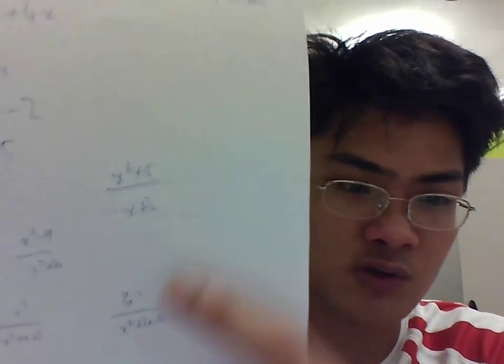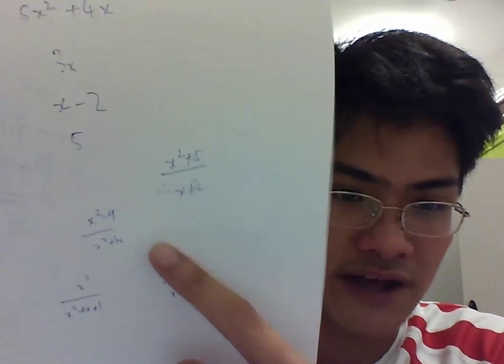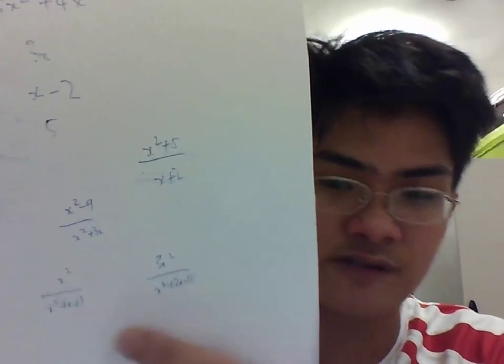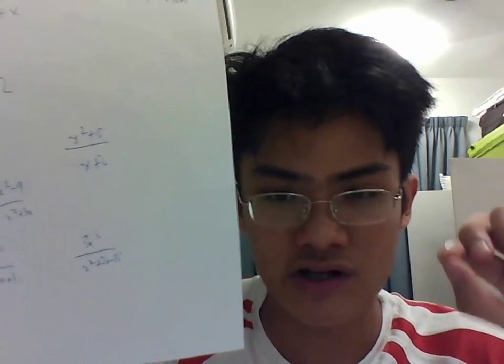And so a rational function is an expression that is the ratio of two polynomials, like 4x over 91, for example. If you see here, all these equations, x squared plus 5 over x plus 2, or x squared minus 9 over x squared plus 3x, or 3x squared over x squared plus 2x minus 15, these are all rational functions, and these functions happen to have asymptotes.